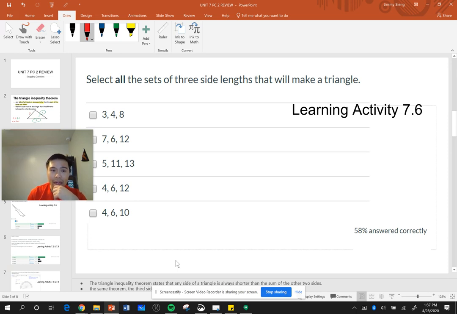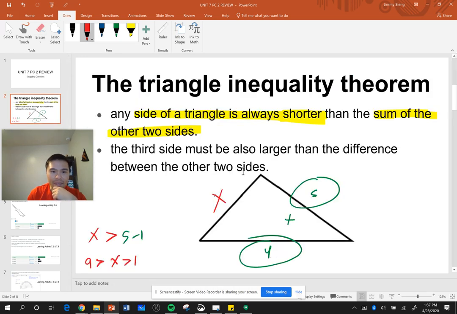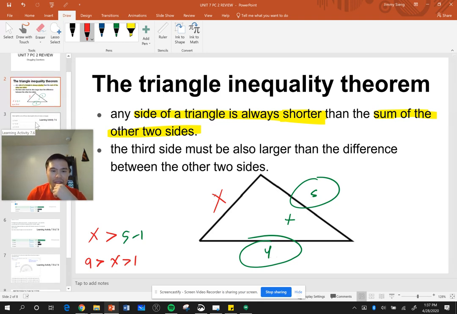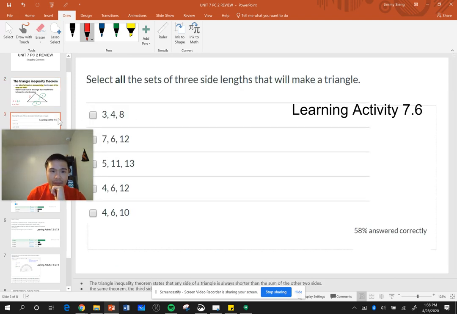Remember, one of the sides has to be smaller than the sum of the other two sides, or again, going back here, the third side must also be larger than the difference between the other two sides. So basically, we're going to either add them, and our side should be smaller than that, or you subtract the two sides and the third side must be larger.